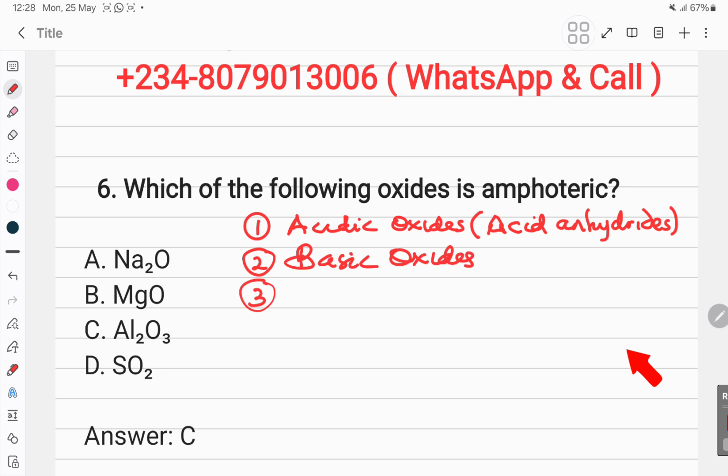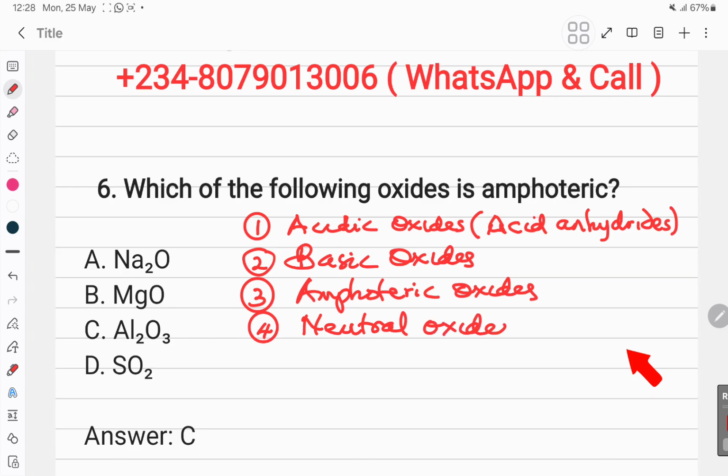We have amphoteric oxides. And we have neutral oxides. These are the 4 main types of oxides that we have. There are others, but these are the 4 main types. So students are expected to be able to identify the types of oxide with examples.